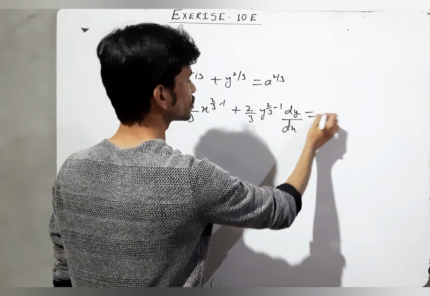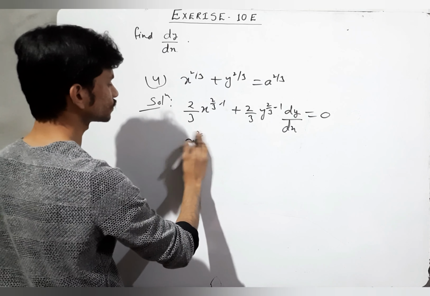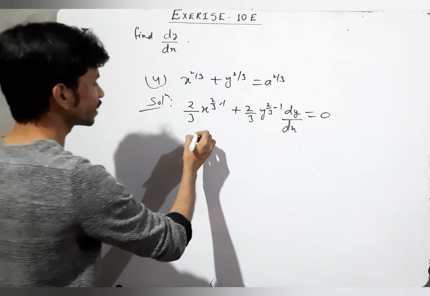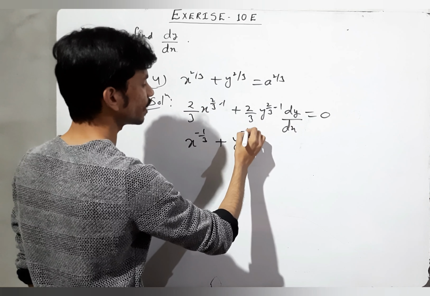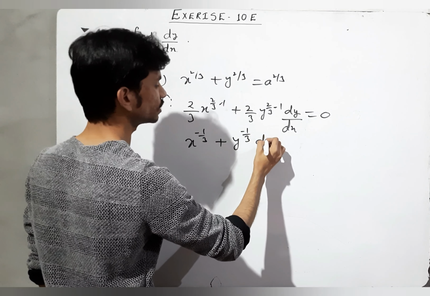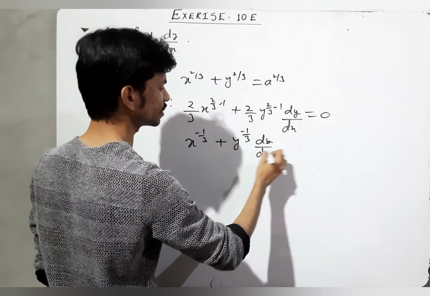Here 2 by 3 is common, so it can be taken common and divided by, so it gets to 0. x to the power 2 by 3 minus 1 becomes x to the power minus 1 by 3, and plus y raised to the power becomes minus 1 by 3, and dy over dx equals 0.